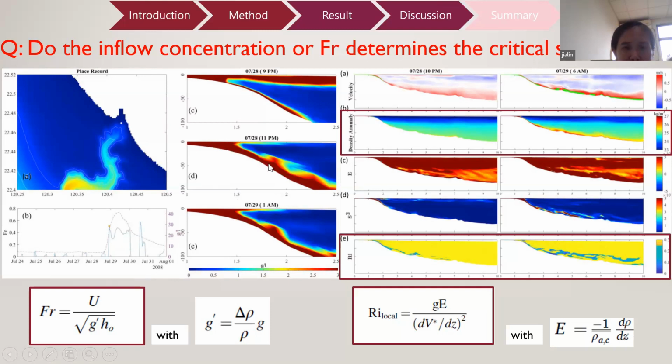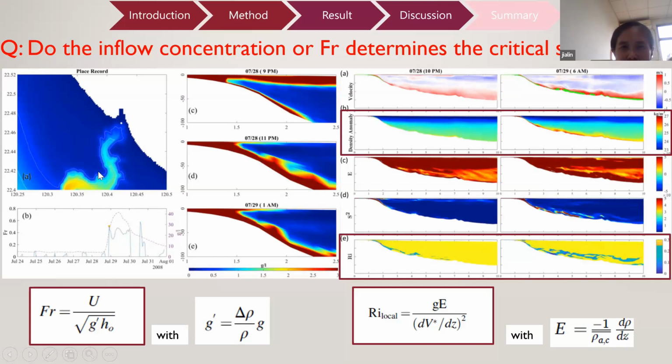And the sediment concentration is also very low at this orange point. Typically people think 40 grams per liter might be the criterion, but in our case, we only have 25 grams per liter.